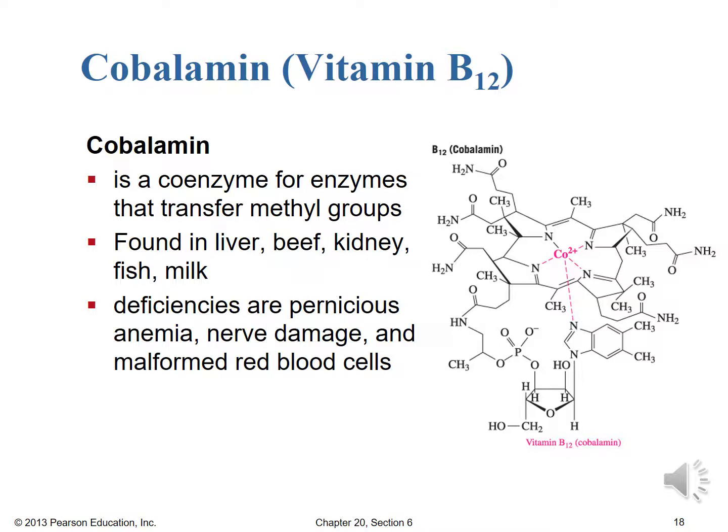And deficiencies here would be associated with things like pernicious anemia, nerve damage, and malformed red blood cells. So in particular, this one tends to present pretty severely in terms of deficiencies, so you wouldn't want to mess around with not getting enough vitamin B12 from the diet.